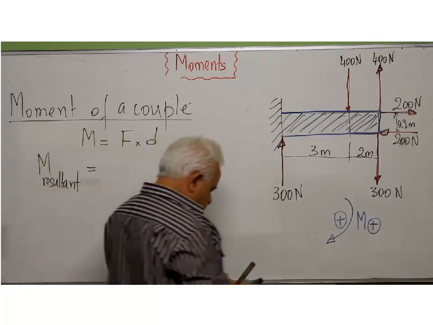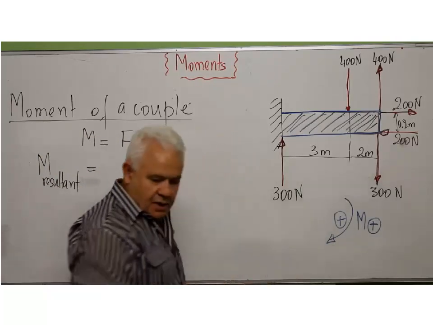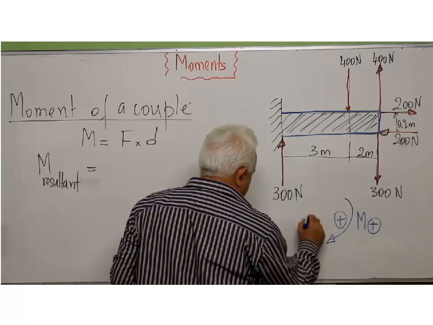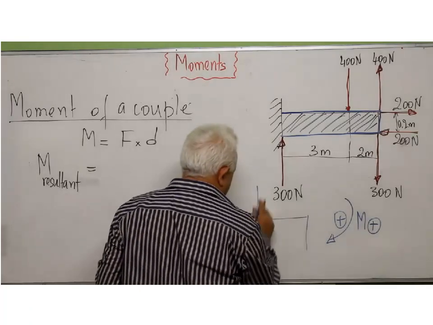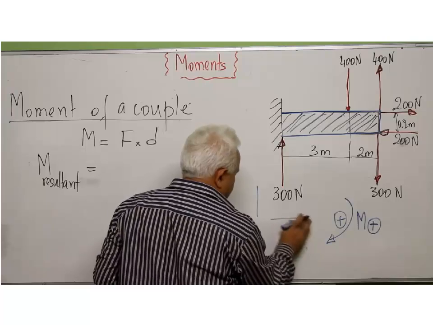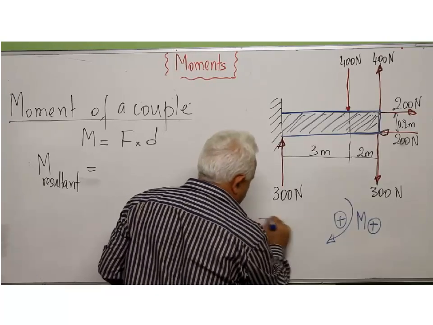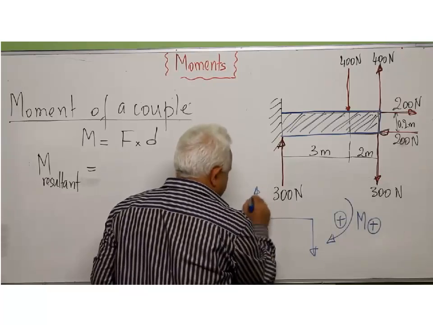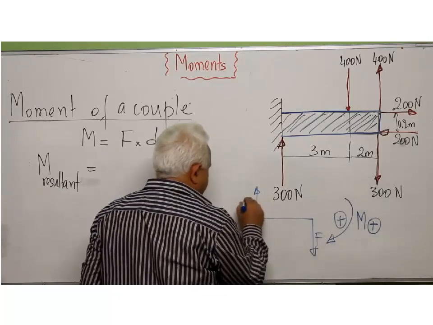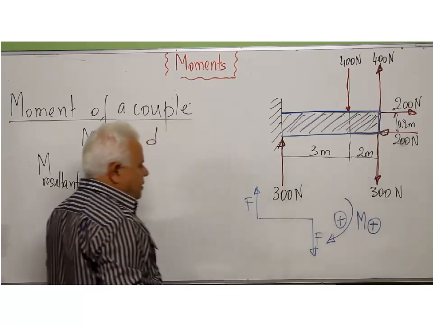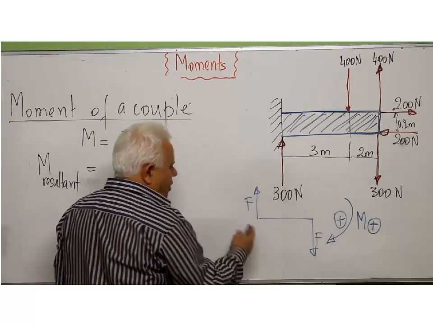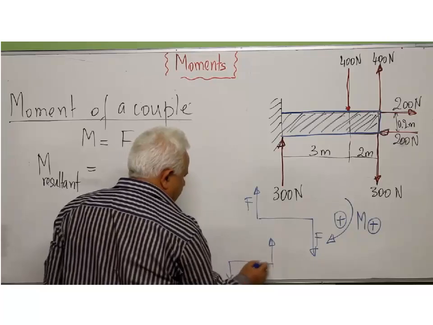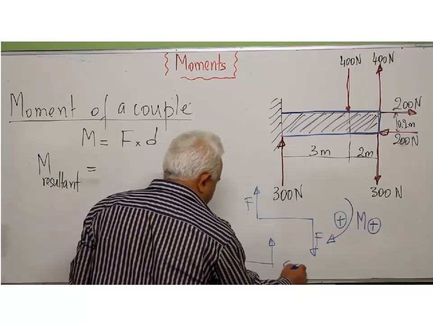So the positive moment will be something acting, for example, I have two forces like this, F equal in magnitude. This is clockwise. In this configuration, if I have this, it means I am anti-clockwise, counterclockwise.